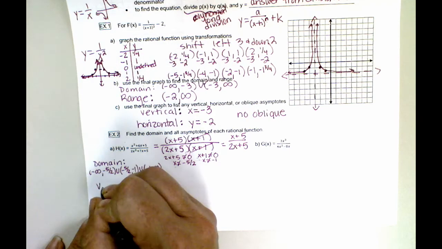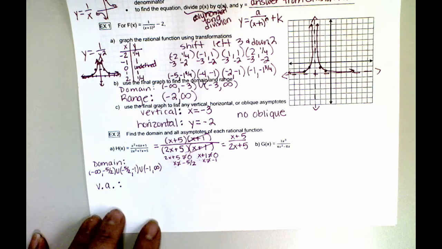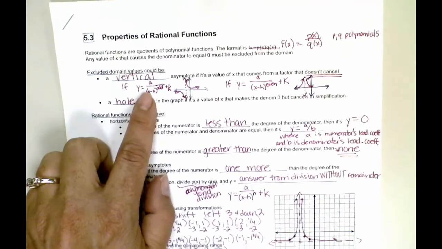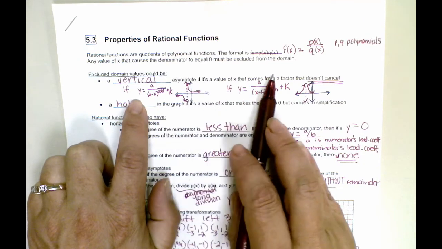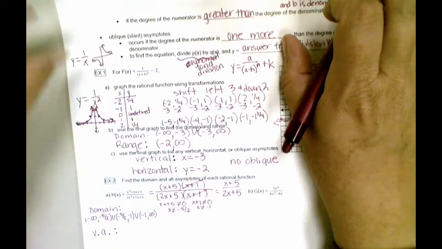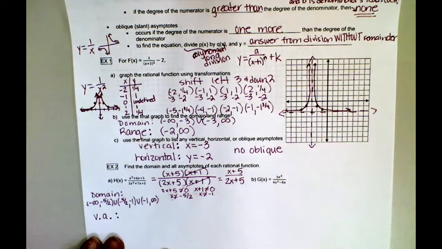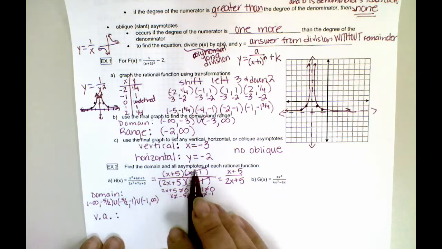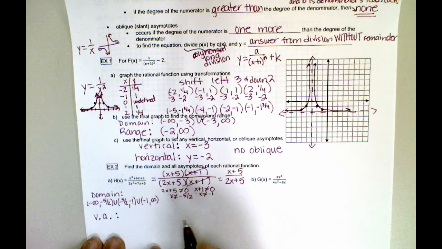So vertical asymptotes. Again, up here it tells us a value of x that comes from a factor that didn't cancel. So it's going to be one of these domain restrictions, sometimes both, but it's the ones that didn't cancel. This x plus 1 did cancel, so it's only this one. So it's the -5/2.